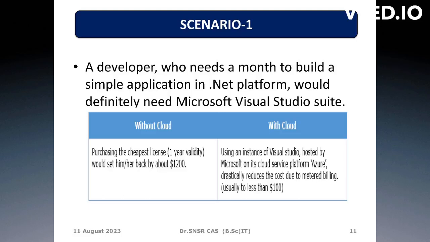Using an instance of Visual Studio by Microsoft on its cloud service platform Azure drastically reduces the cost due to metered billing, to less than maybe 100 US dollars, or even less in Indian rupees. So that is scenario one.